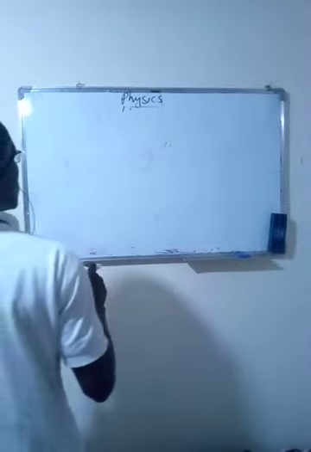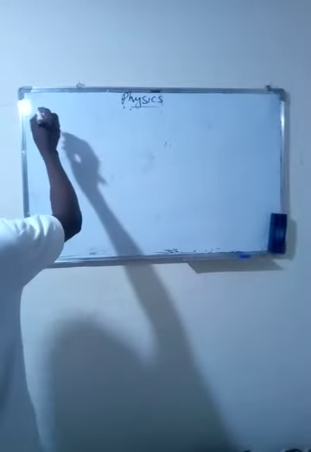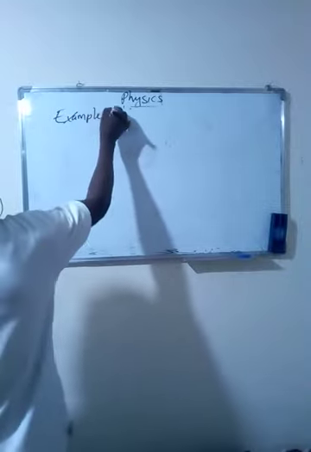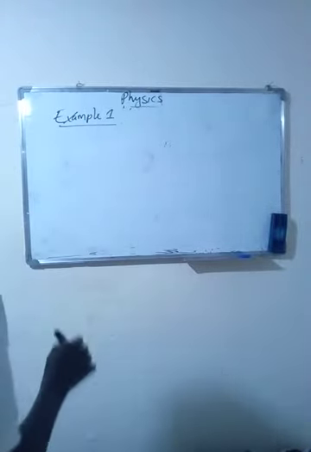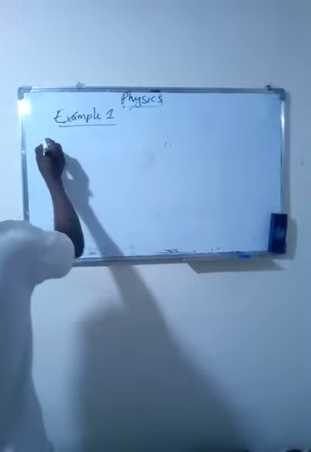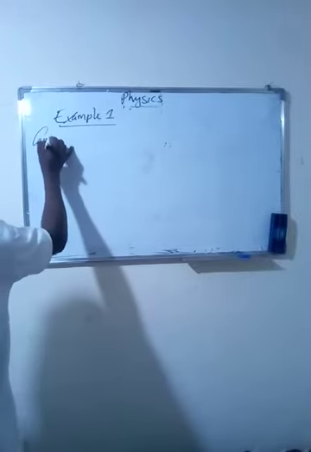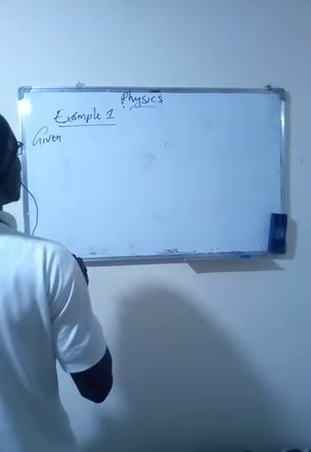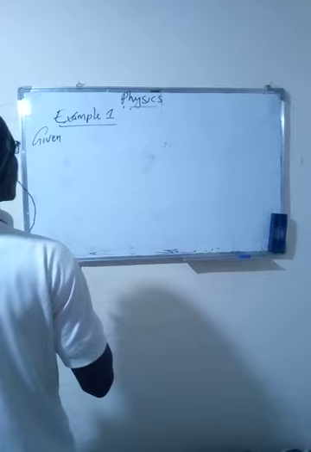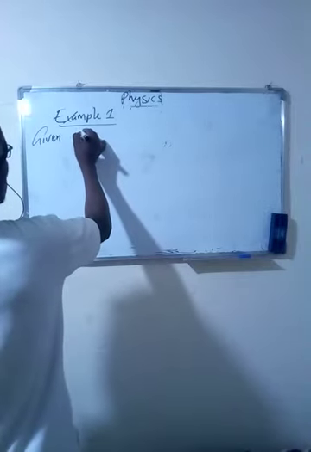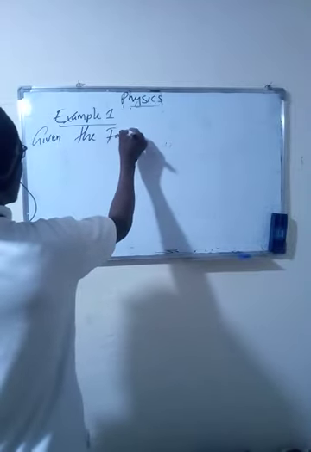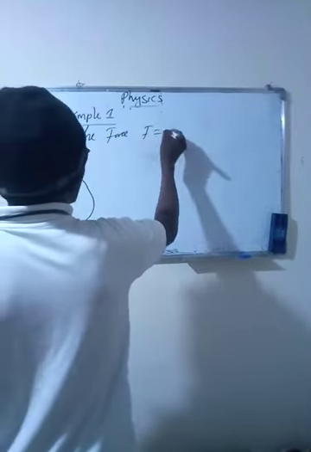So let's say, given that the force F equal to 100 newtons is at, let's say, 30 degrees to the horizontal.